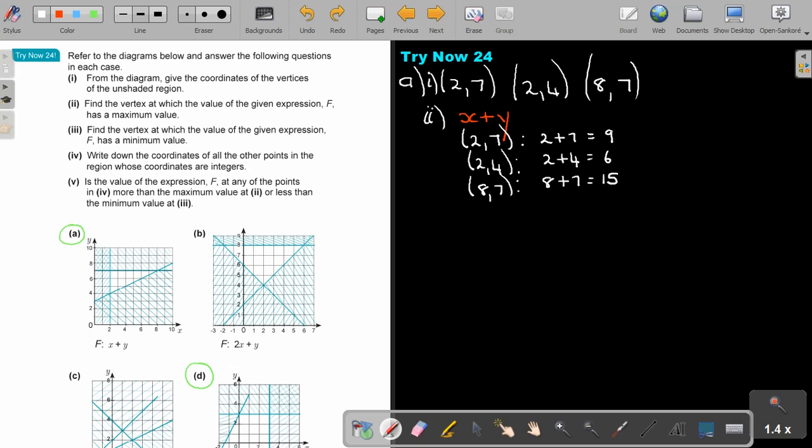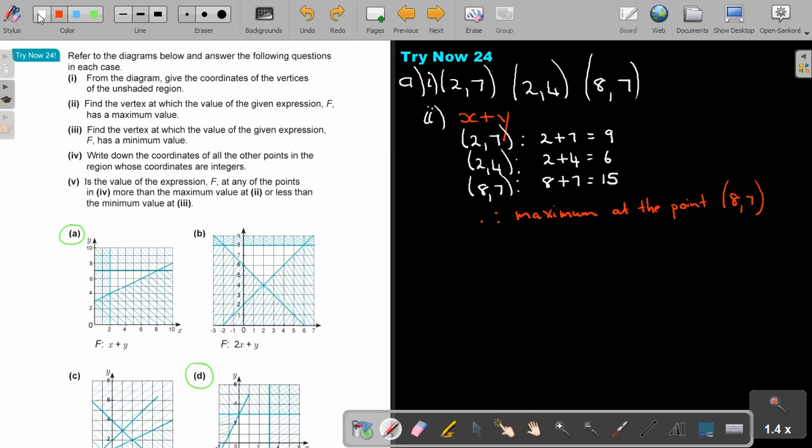So what is the question? Find the vertex at which the value is having a maximum value. So therefore, maximum at the point 8 and 7. Then the next one, find the vertex at which the value of the given expression has a minimum.